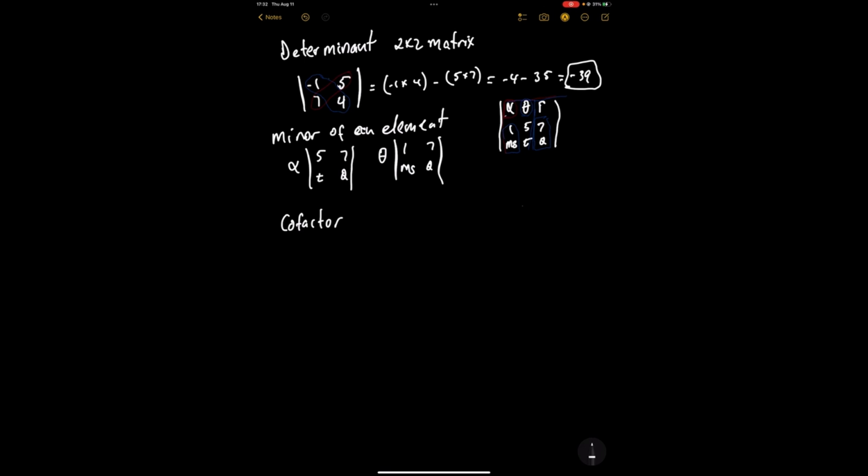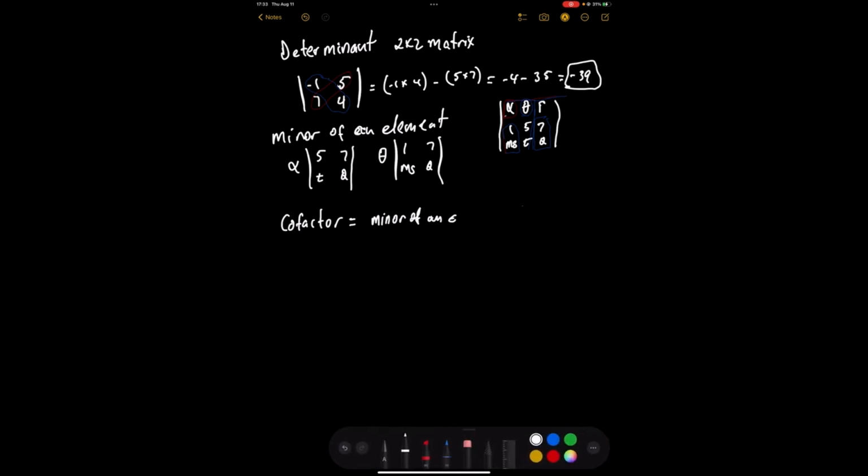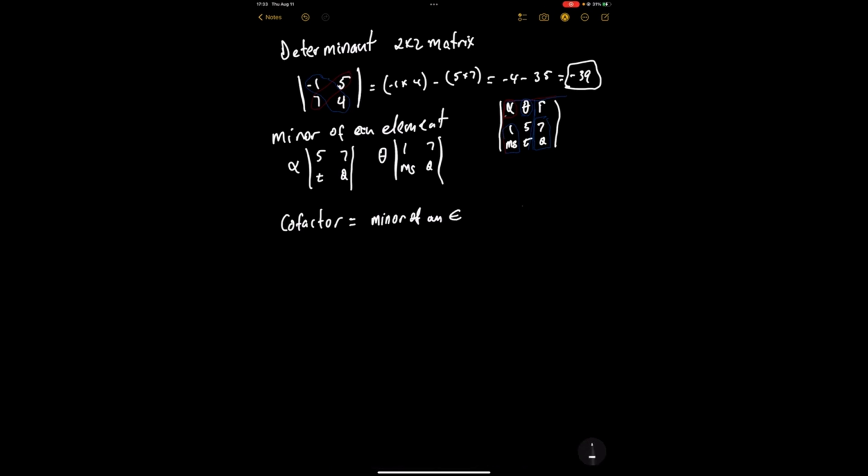Cofactor is basically the minor of an element that you multiply by a sign, either positive or negative. So it's the minor of an element that you multiply by a sign, either positive or negative.